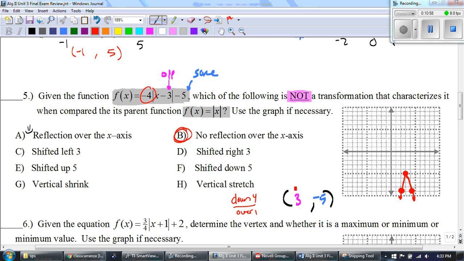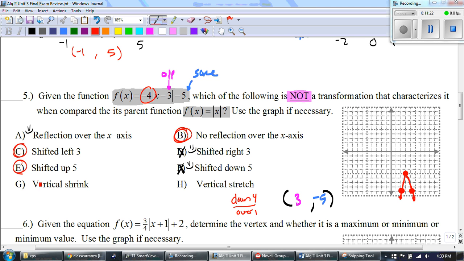We shifted right. So this is what we did. So I did not shift left. We're doing the opposite. Did I shift up 5? No, I shifted down 5. So this is what I did do. I want what I didn't do.